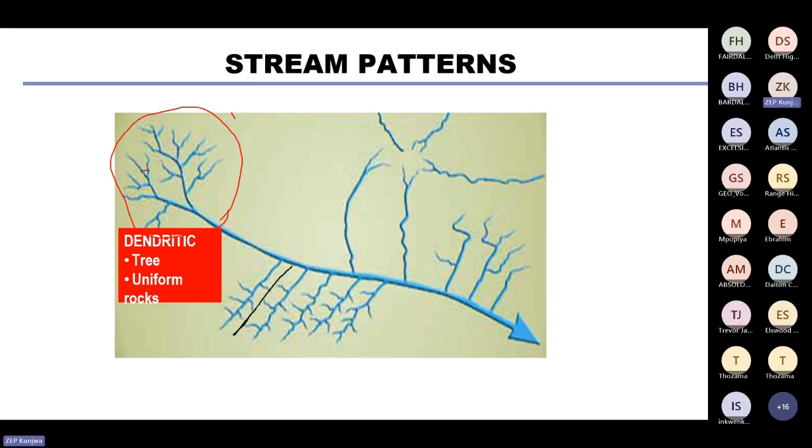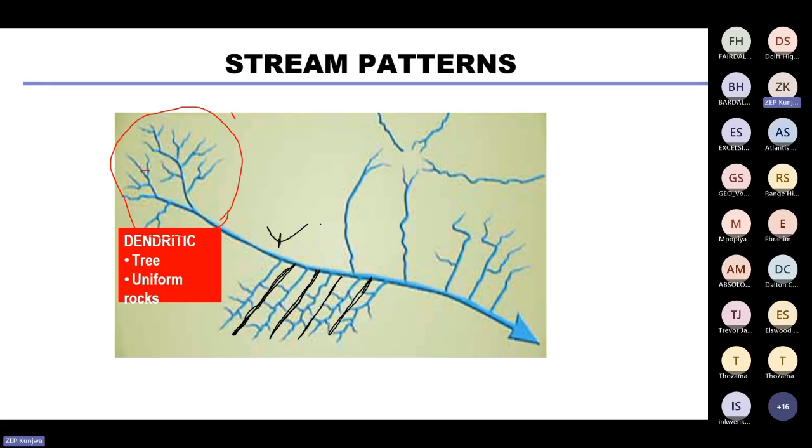This area here in between, and also here in between, and also here in between, also this one here in between. Now, a river is flowing in a valley. This is where the river is going to flow.